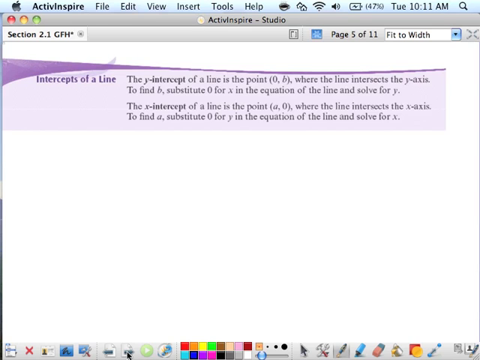And that, to me, is more useful than what it's saying up here. So let's break that down a little bit. The y-intercept is a point where x is 0. To find the y-intercept, simply substitute 0 for x and solve it for y.